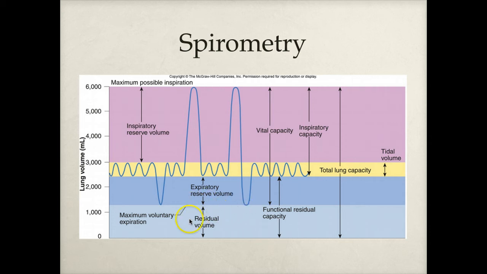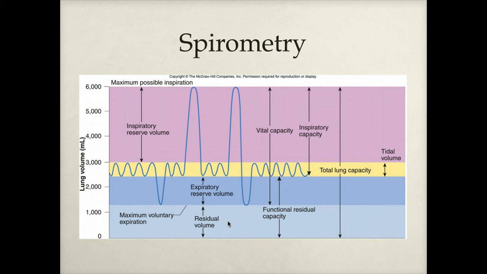And the next value I want to talk about is the residual volume. And residual volume is the volume of air remaining in the lungs after a maximal forced expiration. So even when we try and blow as much air as we can out of the lungs, there will be air remaining.